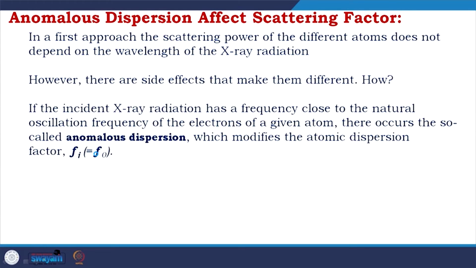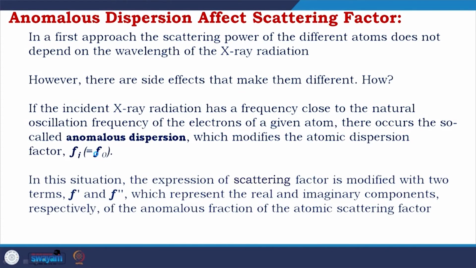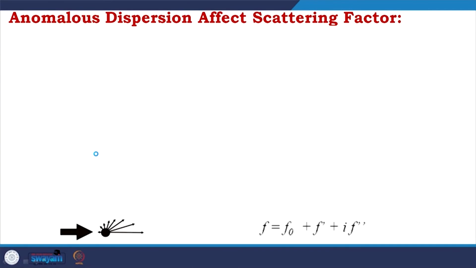If the incident X-ray radiation has a frequency close to the natural oscillation frequency of the electrons of a given atom, there occurs the so-called anomalous dispersion, which modifies the atomic scattering factor. In this situation, the expression of the scattering factor is modified with two terms, F prime and F double prime, which represent the real and imaginary components respectively of the anomalous fraction of the atomic scattering factor. So, it changes, that is how it changes.